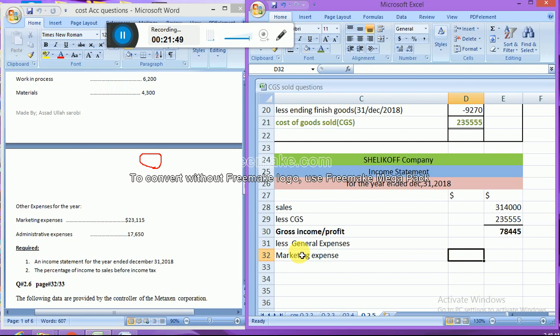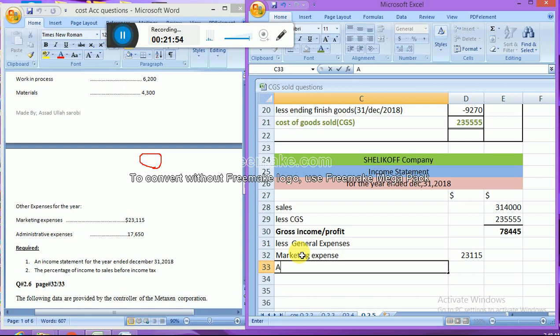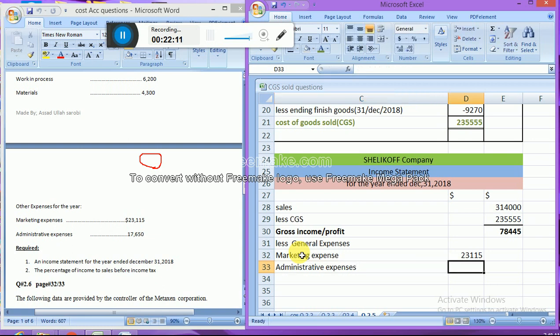Marketing expenses are 22,115, and administrative expenses are 17,650. So I will add these two expenses and subtract them from the gross income.